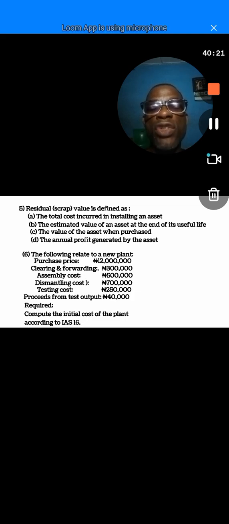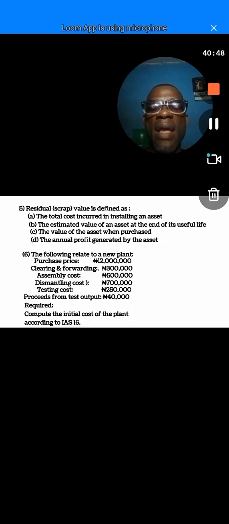You are going to reduce the testing cost of 250 by 40,000 to give you the actual testing cost, because during the testing some output was produced, and you have to take away the value of that output produced from the cost of testing.